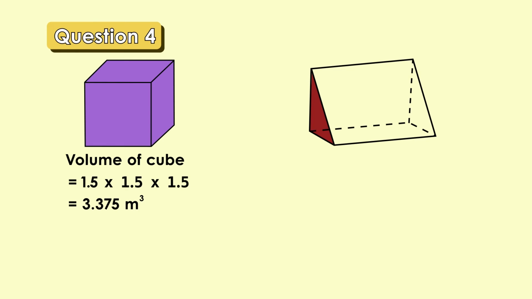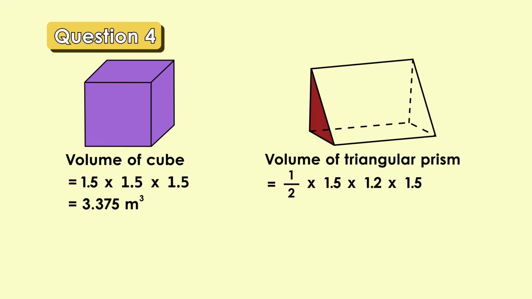Follow on, we will calculate the volume of the roof. The roof of the playhouse is in the shape of a triangular prism. The volume of the roof is half times 1.5 times 1.2 times 1.5.